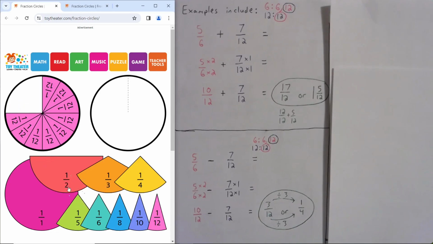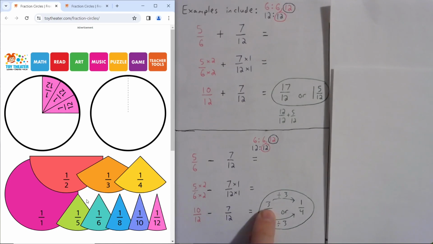So we're taking away 1, 2, 3, 4, 5, 6, 7 of those parts that are each 1/12 in size. So 10 parts that are a 12th in size minus 7 parts that are a 12th in size. Well, 10 minus 7 gives you 3, so 3 parts that are each, you keep the denominator the same, so a 12th in size. So what you end up getting is 3/12.